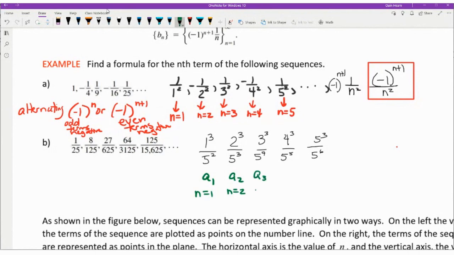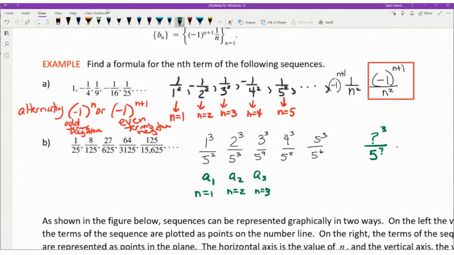And you want to relate that value of the position to whatever is changing in the sequence. So what's not changing in the numerator is the 3. That's going to stay the same, but what's changing has to be related to the n values. And in the denominator, what's not changing is the 5, but what is changing is that exponent. So we're going to have to relate that to n.